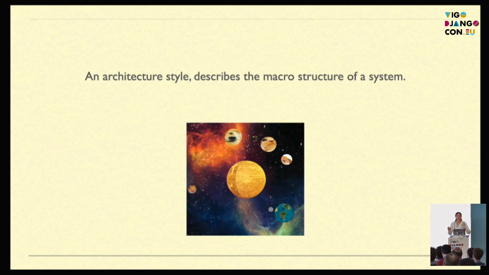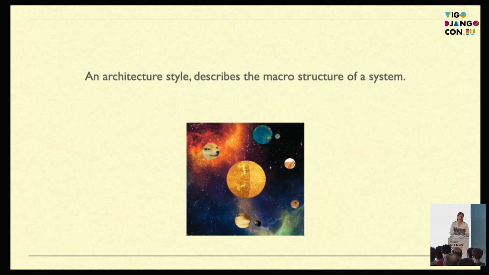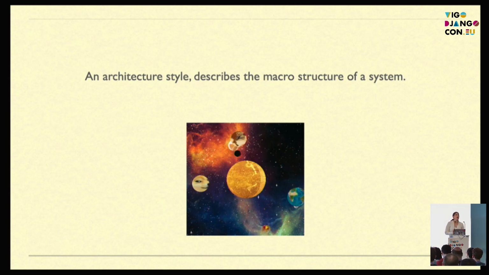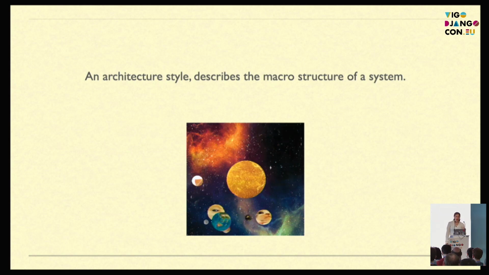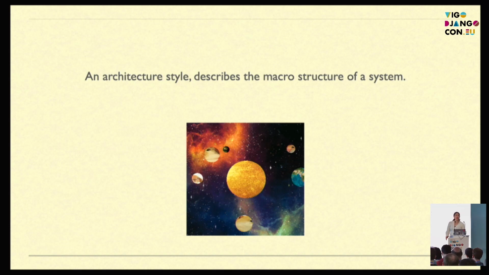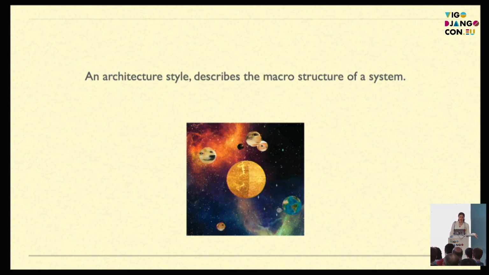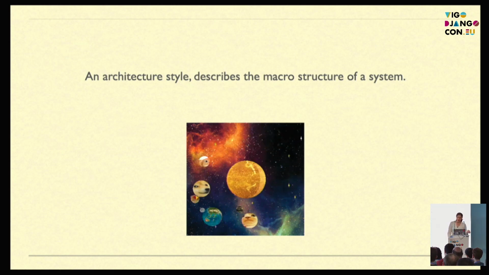So let's explain a few things before we start. Let's start with what's an architectural style. An architecture style describes the macro structure of a system. It helps you put a formal architecture in place for your software and helps define the basic characteristics and behavior of an application. Different architectural styles offer different approaches to designing software systems, each with its own set of principles, benefits, and trade-offs.